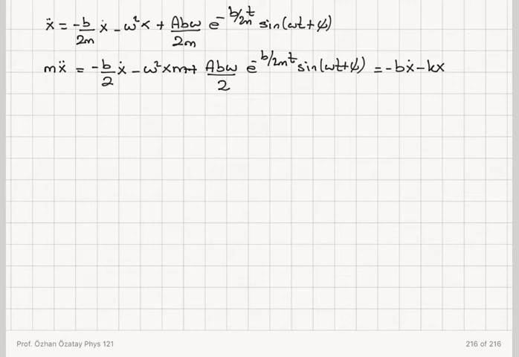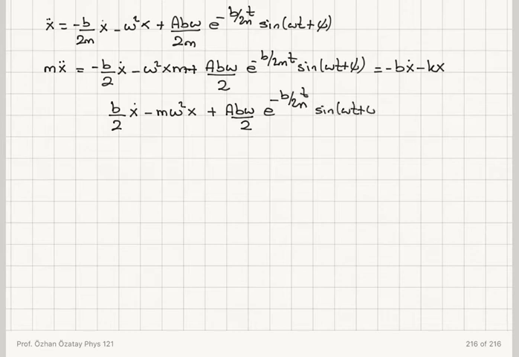So if I take minus b x dot to the left hand side, I obtain plus b over 2 x dot, and then minus m omega squared x, plus a b omega over 2 e to the minus b over 2m t sine of omega t plus phi equals 0.